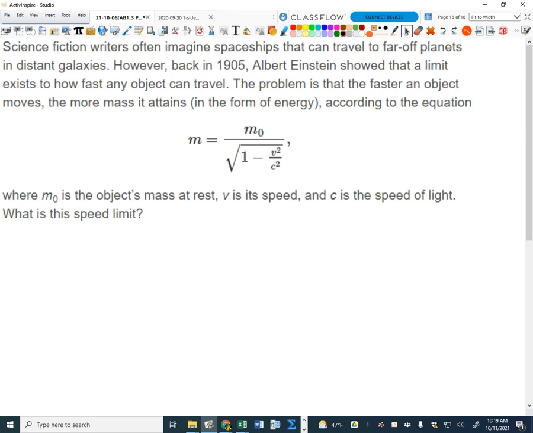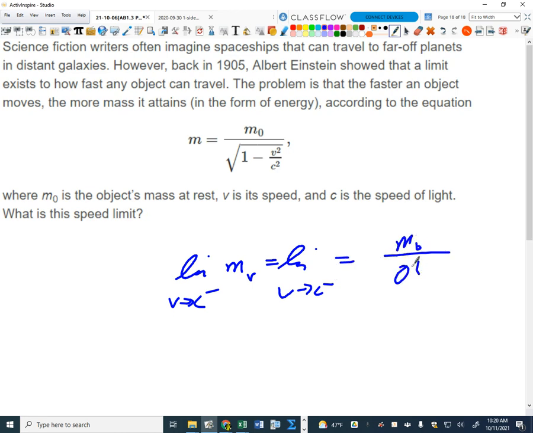So in the limit, the limit of my relativistic mass as v approaches c from the left is just my rest mass divided by 0 plus. Well, isn't that just some positive constant divided by 0 plus, which is positive infinity?